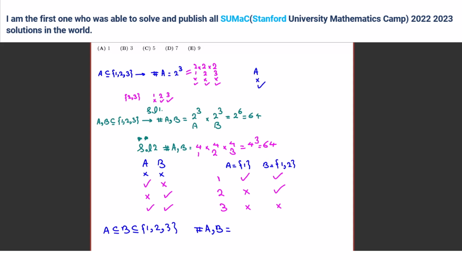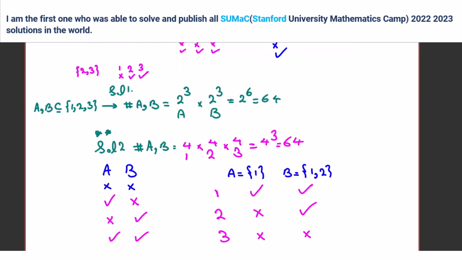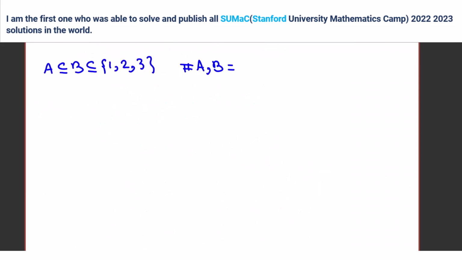Is it 56? Can you explain your solution? Since A has to be a subset of B, first I pick B. We can choose B in 8 ways, but they are different.